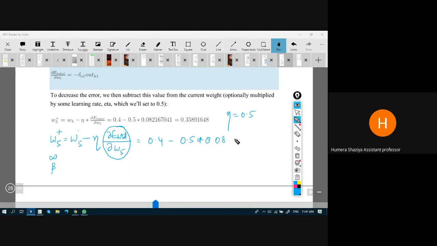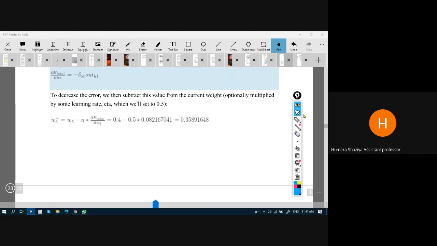If you multiply, you get some value, and this value is the new W5. What was old W5? It was 0.4. But due to this error, this weight got updated to 0.35. Earlier it was 0.4, and because there was a larger error rate, you are reducing the weight value through backpropagation to 0.35.